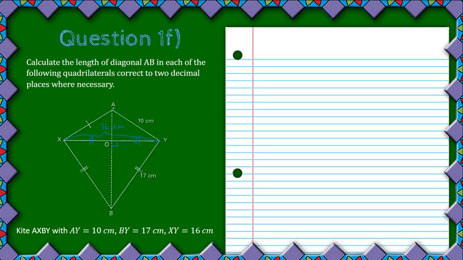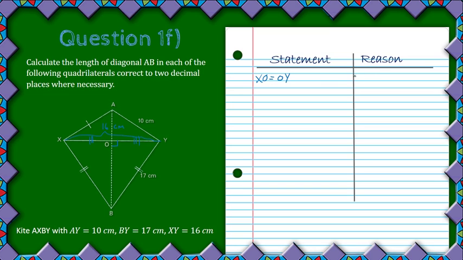And I need to find AB. So if I split this big triangle up into two smaller right angle triangles, then I can obviously solve for OA using Pythagoras, because I've just determined what OY will be. And similarly, I can do the same with OB. So let's get started with that. First of all, we saw that XO is equal to OY.